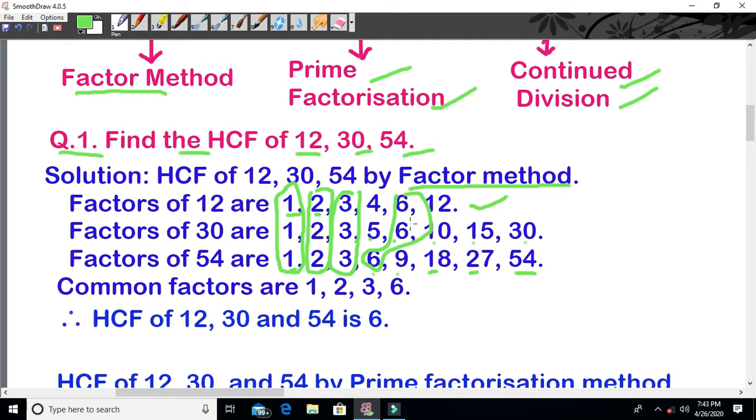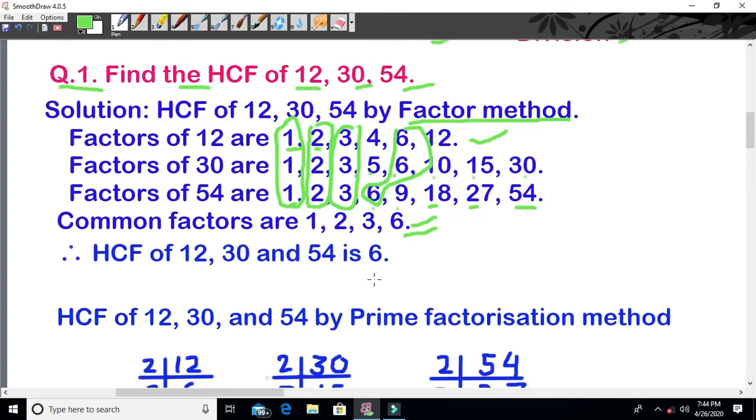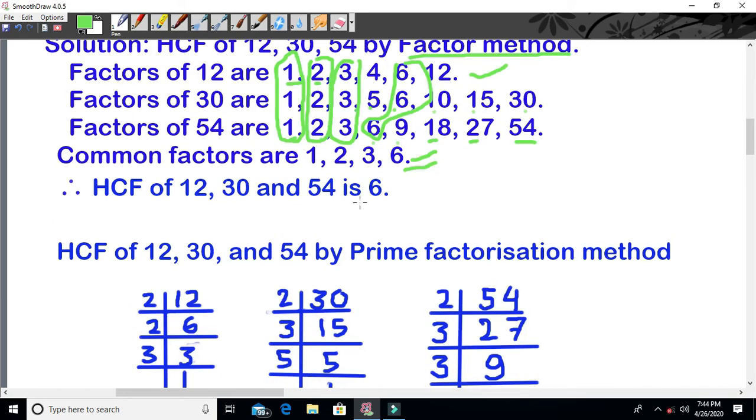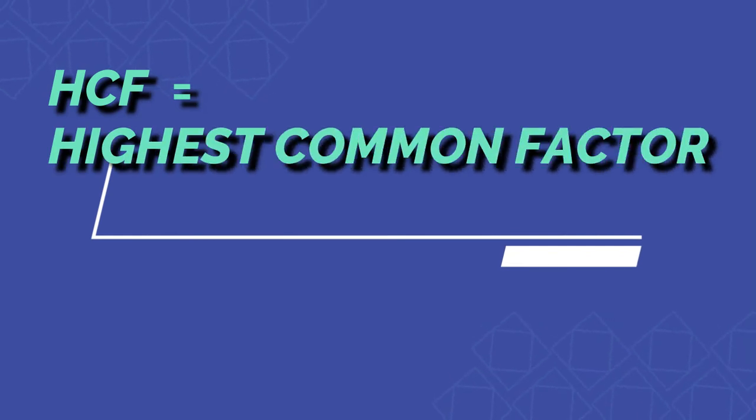So we will write the common factors 1, 2, 3 and 6. Therefore HCF of 12, 30 and 54 is 6. This is our HCF. So we have discussed the first method, that is the factor method.